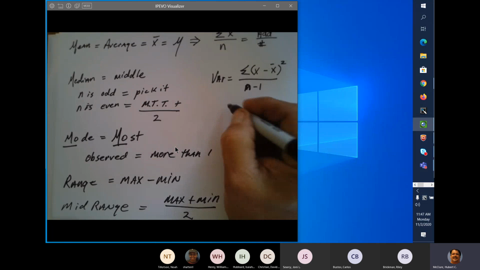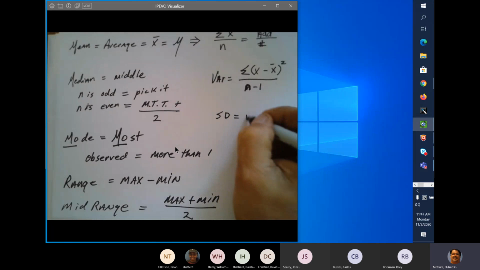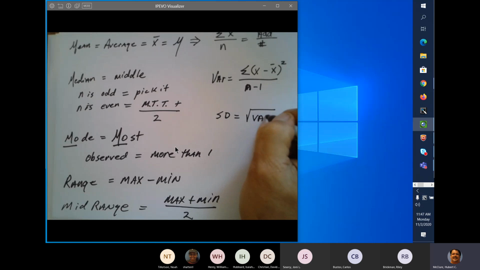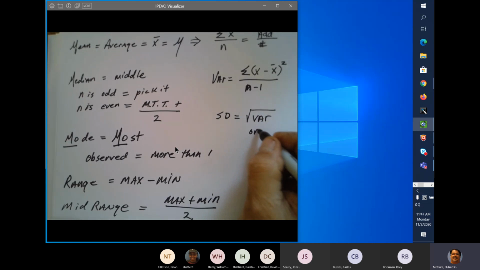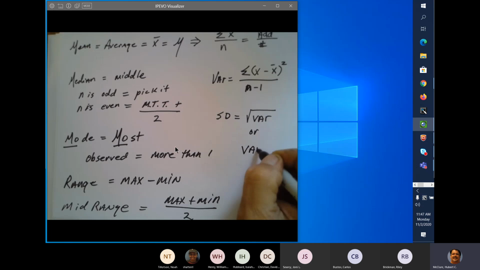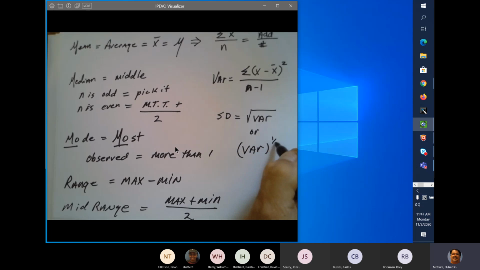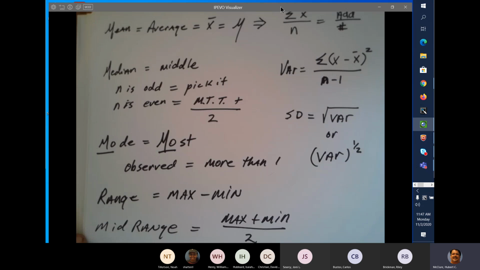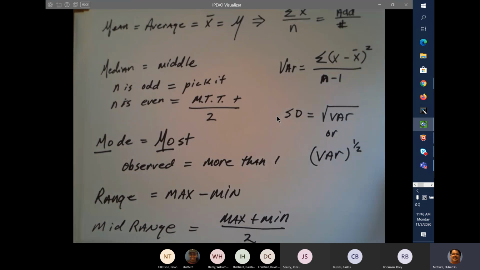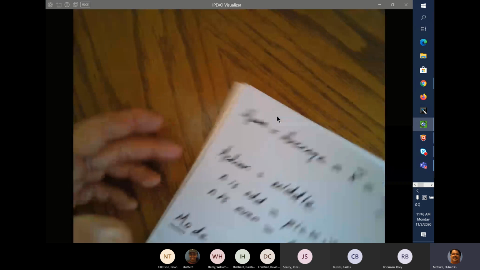And then the standard deviation is equal to the square root of the variance, or the variance raised to the 1/2 power. I'm going to give everybody a minute to make sure you got all that written down.